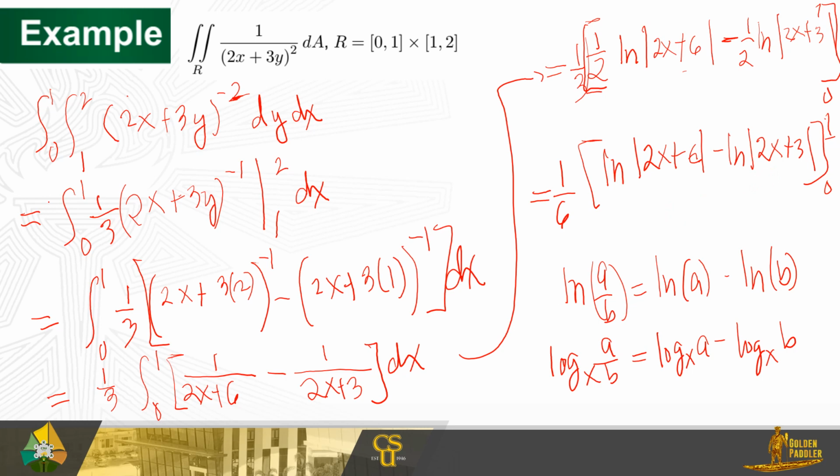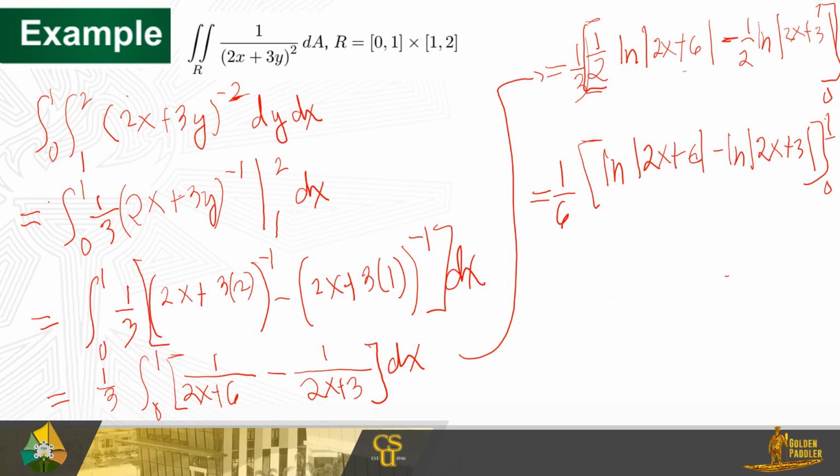Okay, so i-erase ko muna to para magkaroon tayo ng space sa ating solution. So, let's do it again. So, we have 1 over 6 times the ln of 2x plus 6 over 2x plus 3 evaluated from 0 to 1. Okay?